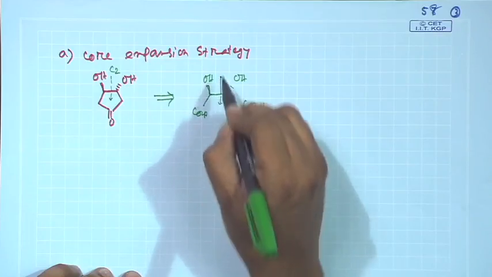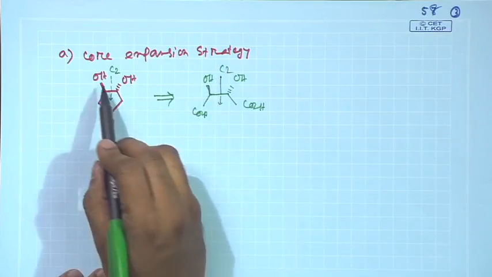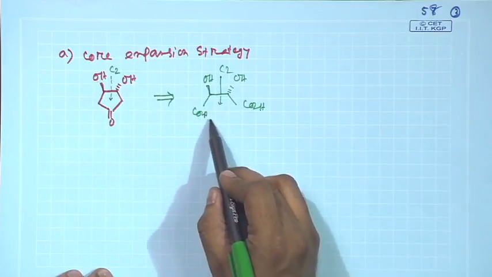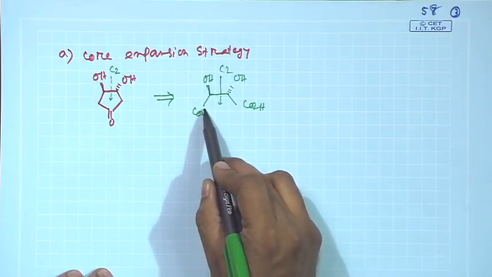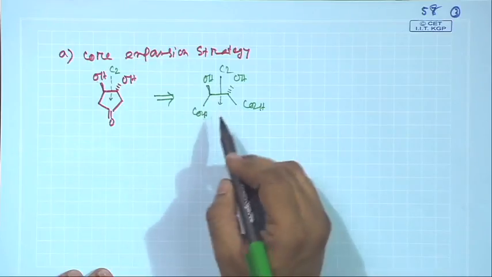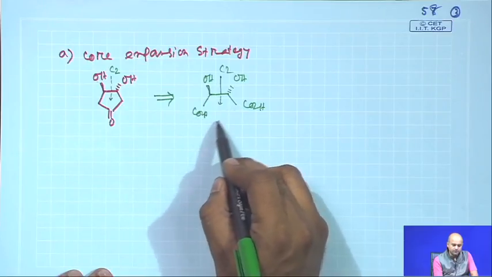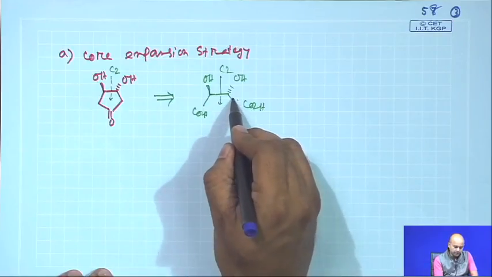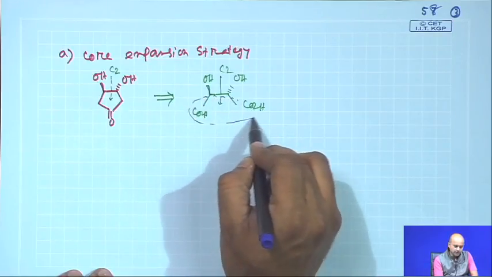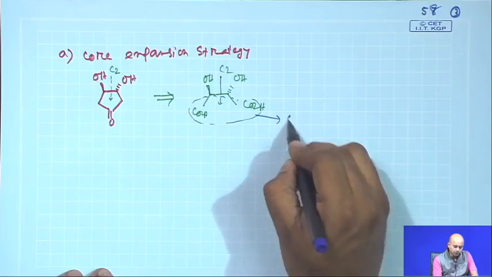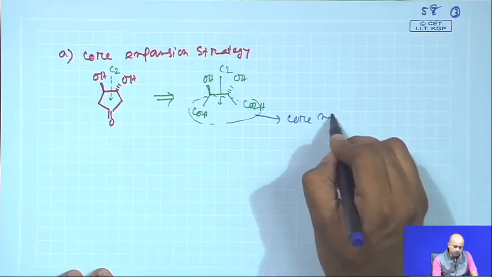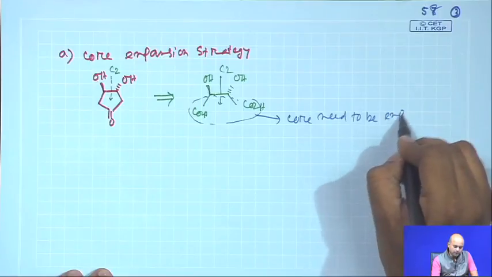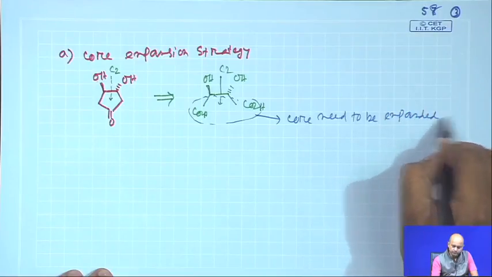This starting material also has a C2 symmetry. Now, see this OH and this OH belong to this OH and this OH, the only thing is you need to expand this core. So, this core needs to be expanded, that is why it is called the core expansion strategy.